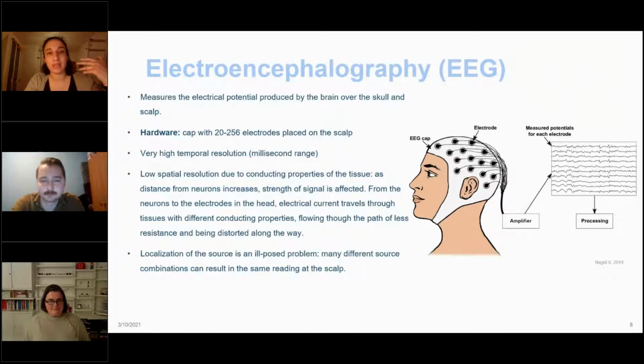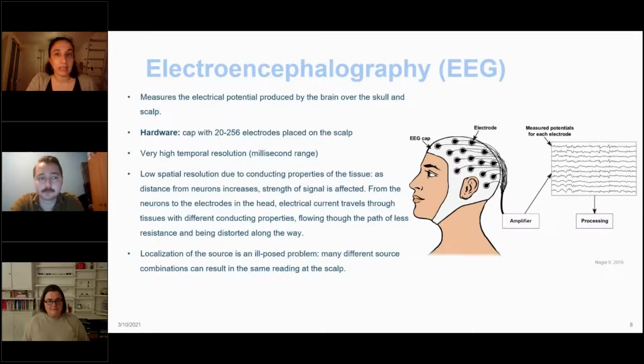So the location is being distorted along the way, meaning that what is going to be picked up by this electrode right here is not necessarily what was produced by the neuron right underneath it. And the localization of the source is an ill-posed problem because many different source combinations can result in the same reading on the scalp.